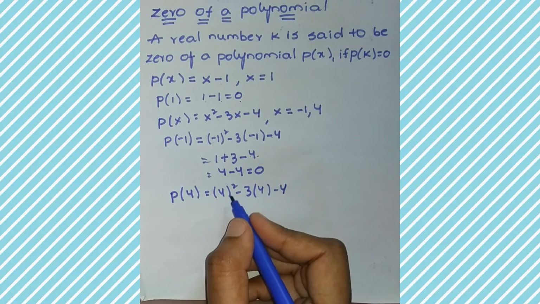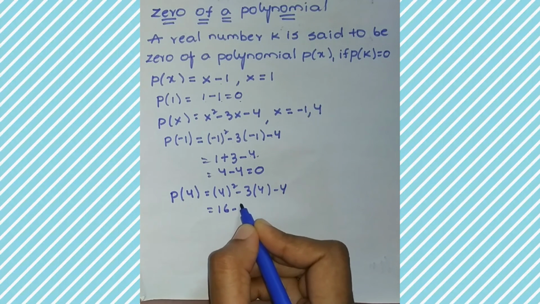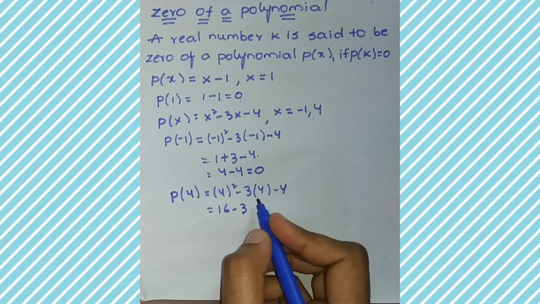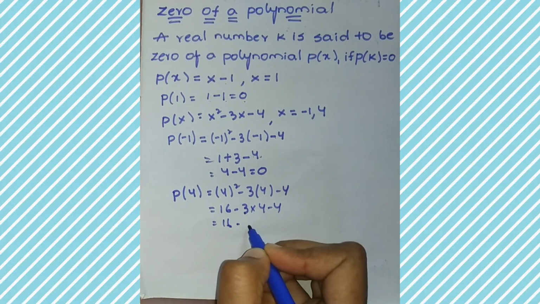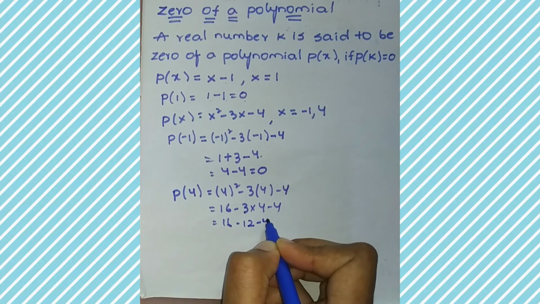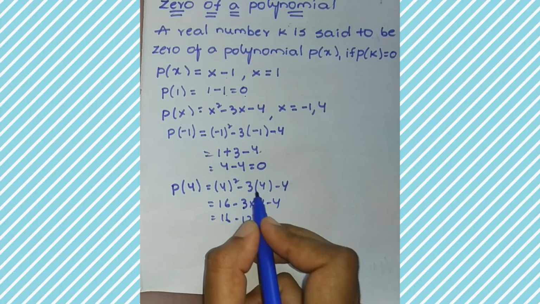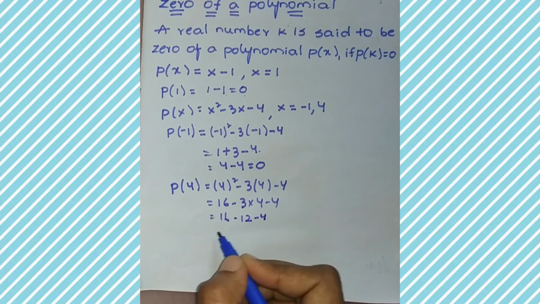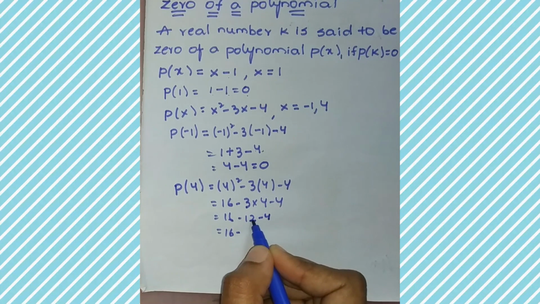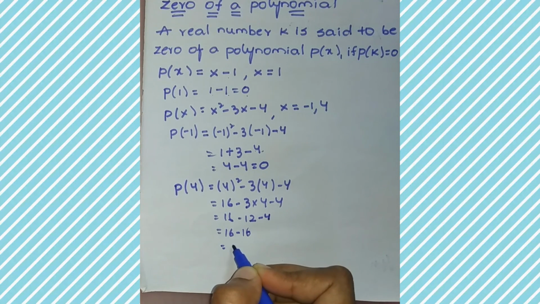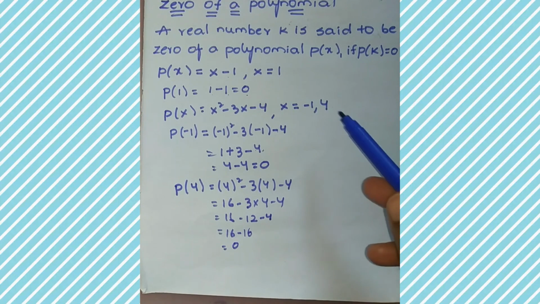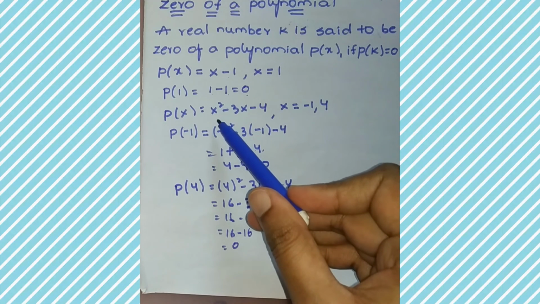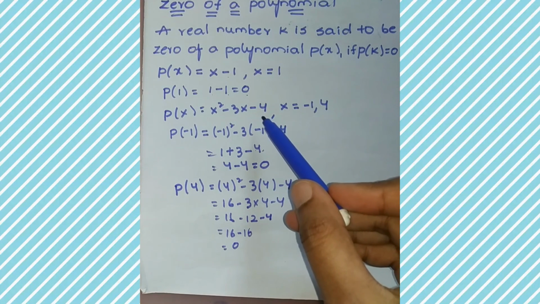So 4² is nothing but 16. 16 − 3 into 4 − 4. 3 into 4 is nothing but 12. So 16 − 12 − 4, which is nothing but 0. So hence −1, 4 are the zeros of the polynomial x² − 3x − 4.